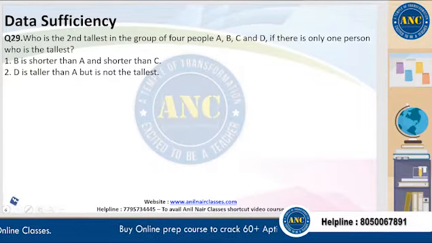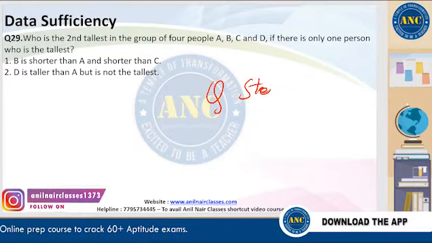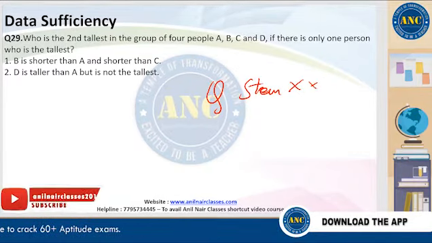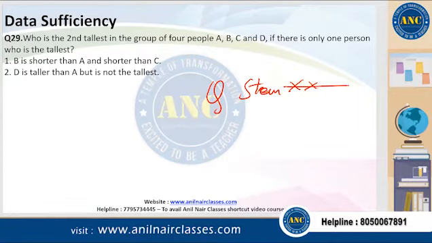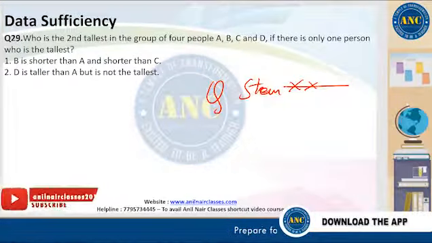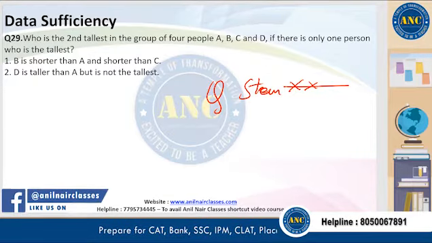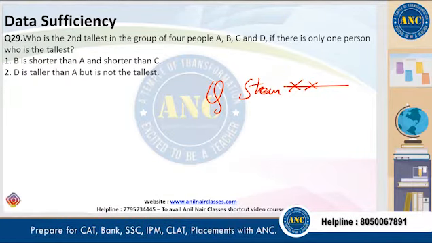What you have to do is read the question, which is called the question stem. You cannot answer the question with the question stem. For example, in this question, who is the second tallest in a group of four people A, B, C, D if there is only one person who is the tallest? You cannot say A is the tallest or B or C or D is the tallest. We don't know that one person.